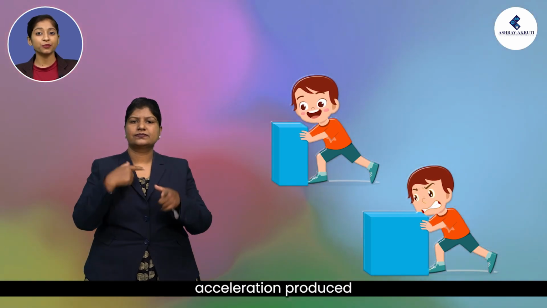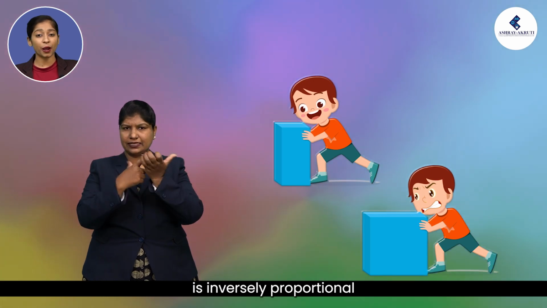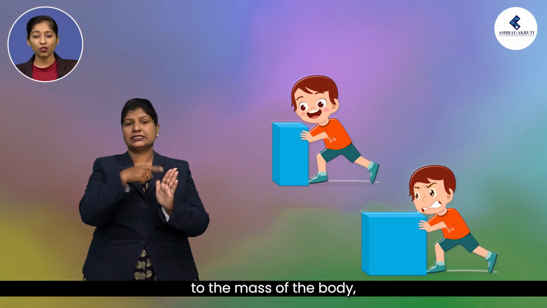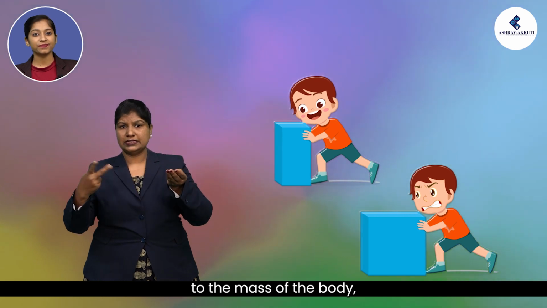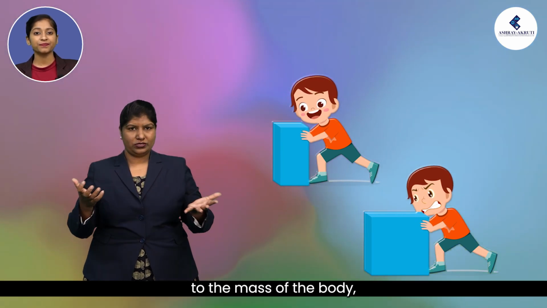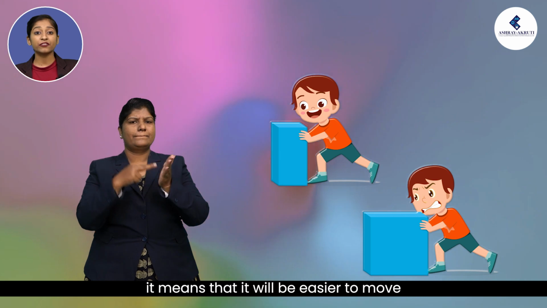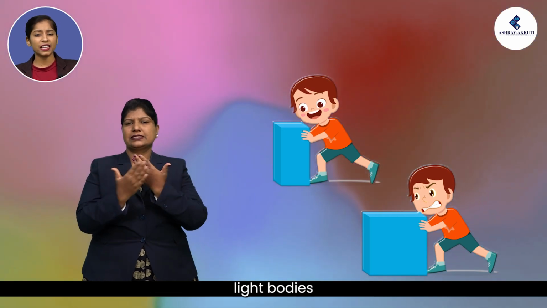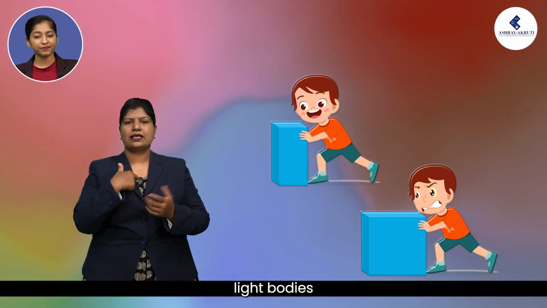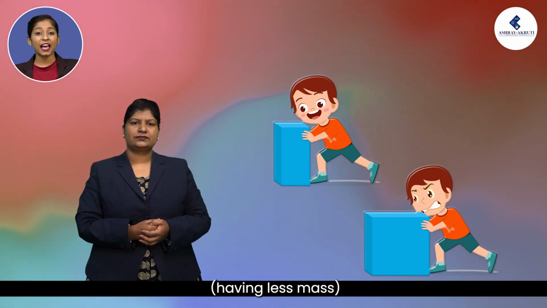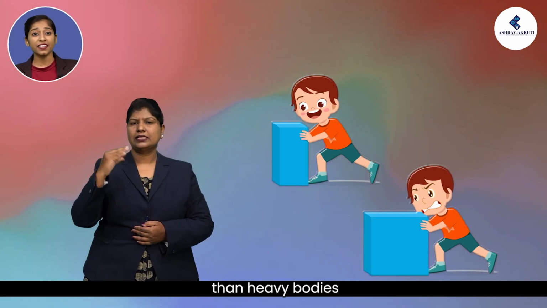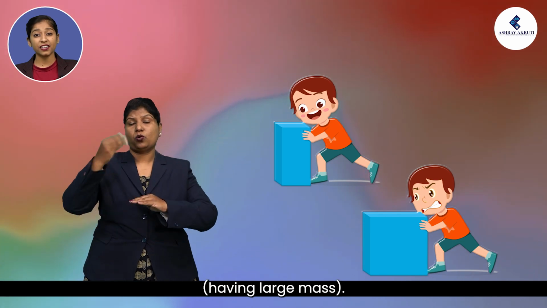As the acceleration produced is inversely proportional to the mass of the body, it means that it will be easier to move light bodies having less mass than heavy bodies having large mass.